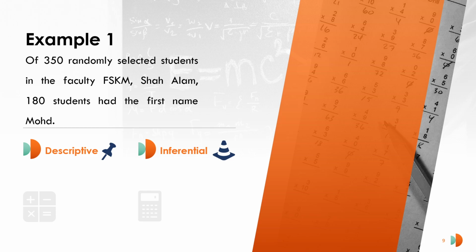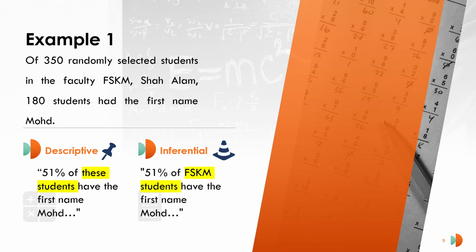So how can we distinguish between descriptive and inferential? Based on this sample of 350 students, we say that 51% of these students have the first name Muhammad. This information is based on the sample. What is inferential?